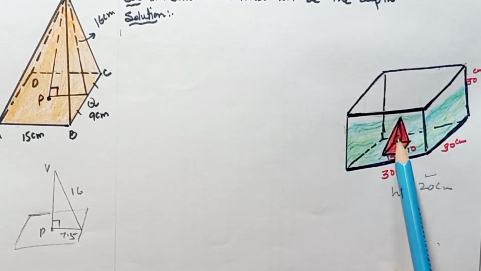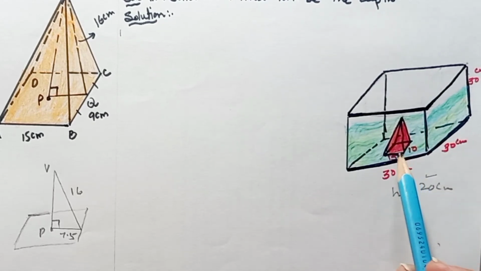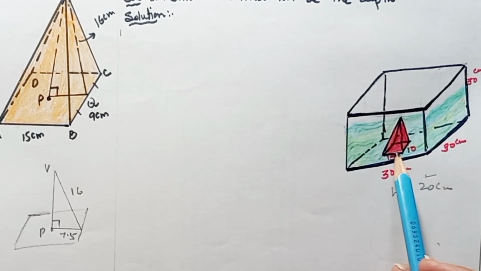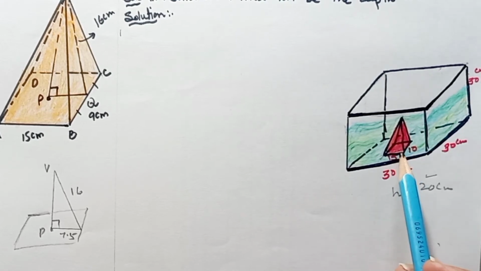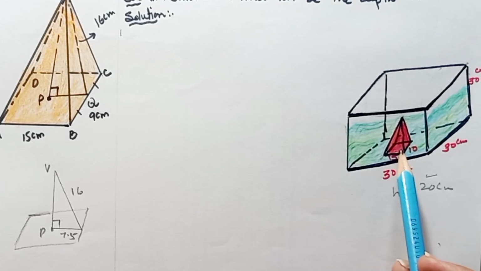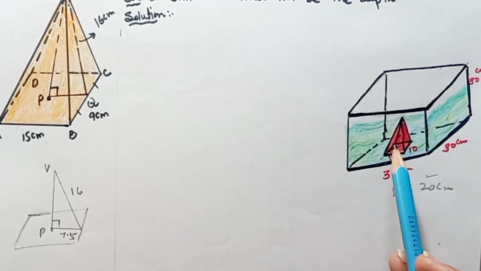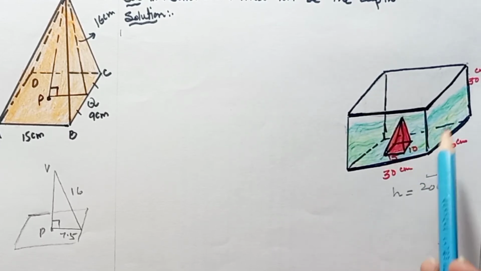Try to understand this: when you are putting some solid in the container, and when you are putting the liquid within that container, due to that solid some space is occupied by the solid that we have put inside, and due to that the water level will rise.